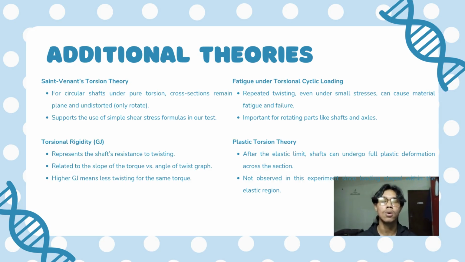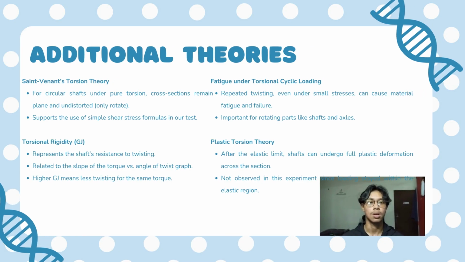For the fourth theory, plastic torsion theory. For the first point, after the elastic limit, the shaft can undergo full plastic deformation across the section. For the last point, it is not observed in this experiment since loading stays within the elastic region.